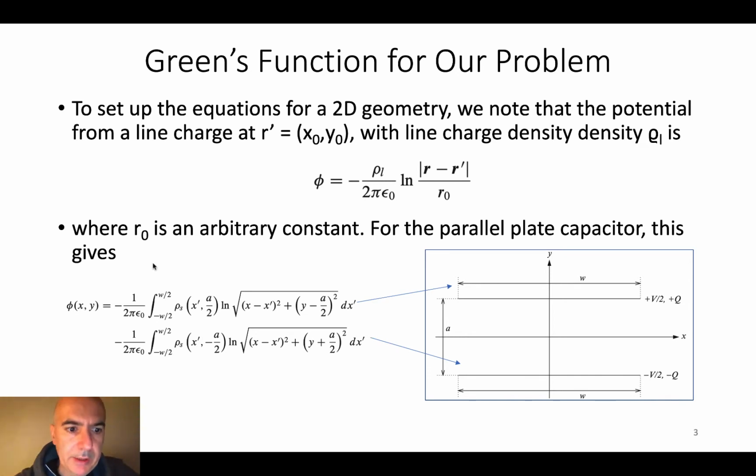So our Green function will have two contributions: one term from this plate here, and another term that takes into account the second plate. This is the Green function for calculating the potential given two line sources, the superposition of the two Green functions for the simple case of just one line charge.